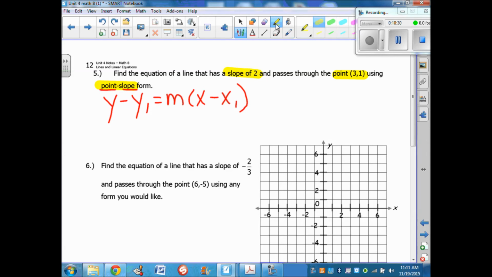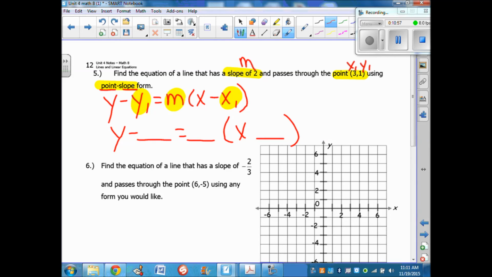So what are the pieces of information we need? We need the slope and we need our point. So we have our slope, that's our m, and here's our point, x1, y1. So now we've got 3 blanks we need to fill in. y minus blank equals blank, parentheses, x minus blank.